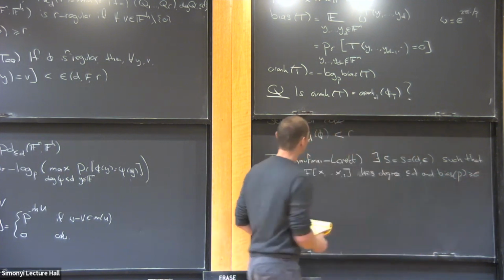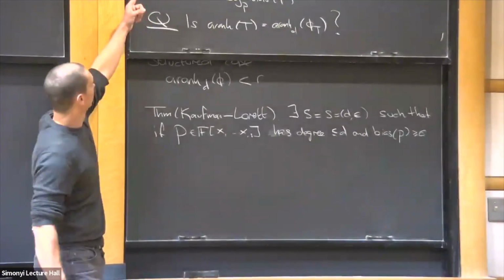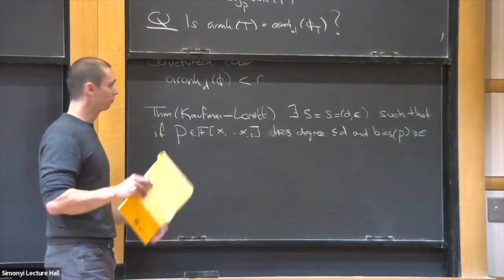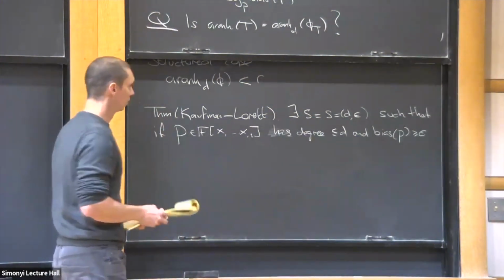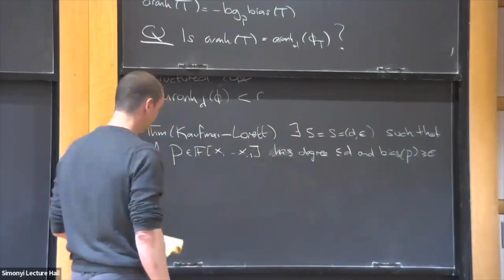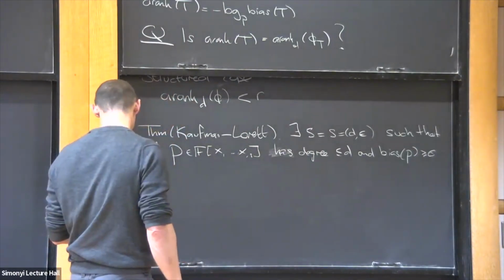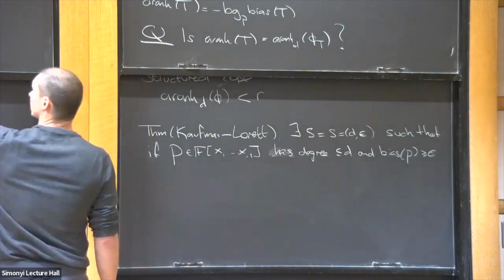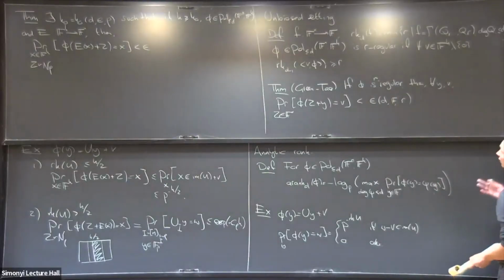So here bias is defined analogously to the way I've defined it for tensors. You just average the pth root of unity raised to the power P over uniformly random input. So if the polynomial P is biased, then it turns out to be structured in very much the way that Green and Tao defined the low rank, but with a little bit more information.